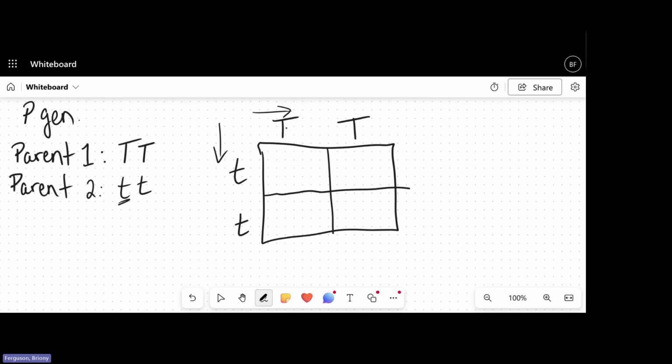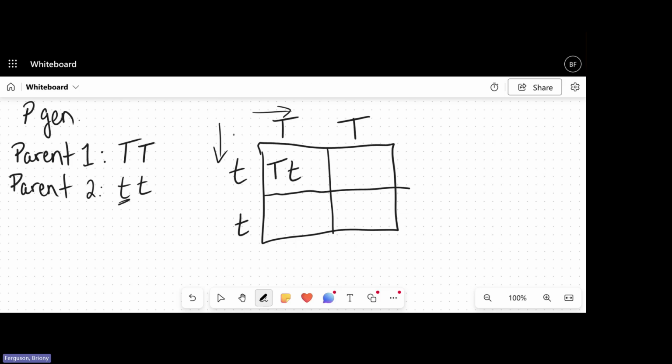Now, whenever we're filling these out, we are going to pull this down and then pull this to the side. Again, I prefer to read mine across the top and then down the side.